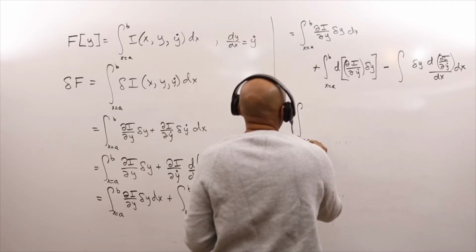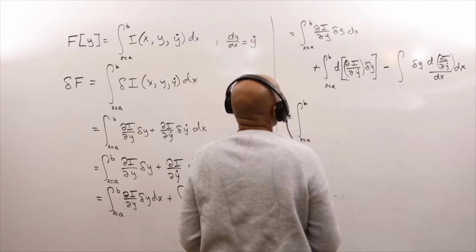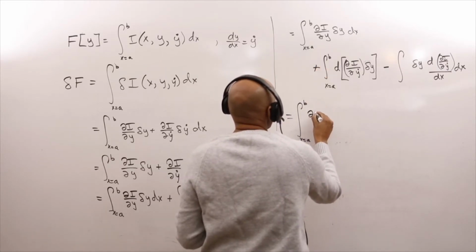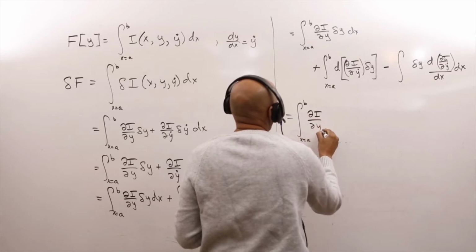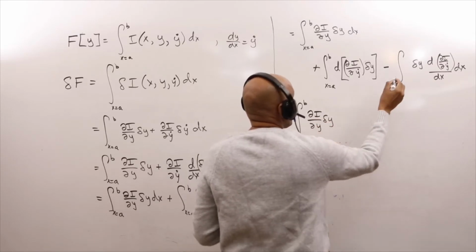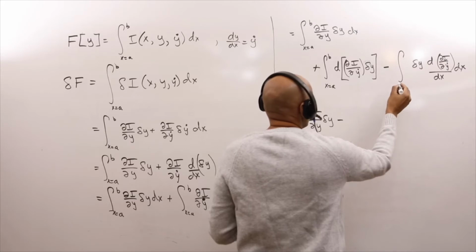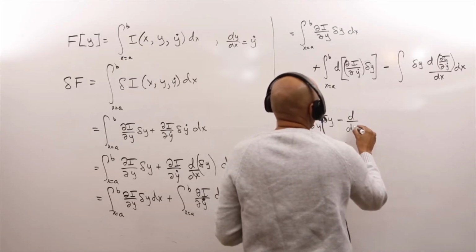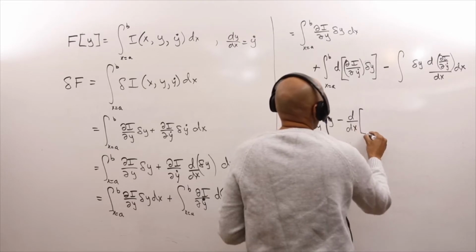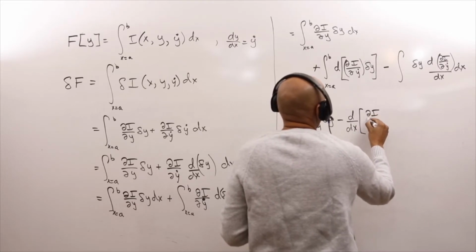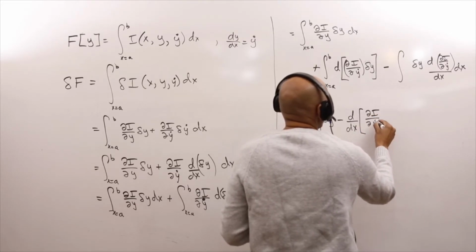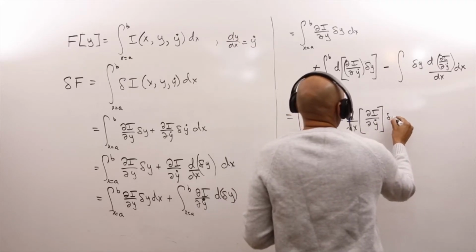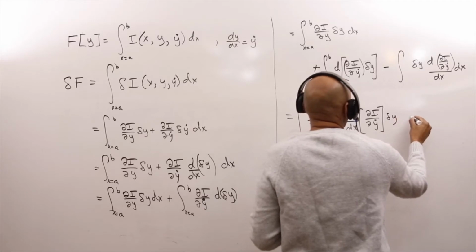Taken x is equal to a to b, and that's this element, which is partial of I with respect to y, partial of variation, and minus the derivative of x, I'll put a square bracket here, partial of I with y dot, and there's a variation here, and then dx.